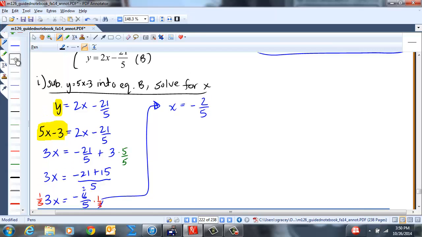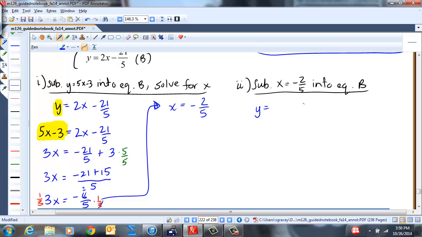Now, second step, we'll substitute x equals negative 2/5 into either equation. Actually, I think B will be the easiest since it already has the fraction. So we're going to substitute it into equation B. Equation B was y equals 2x minus 21/5.